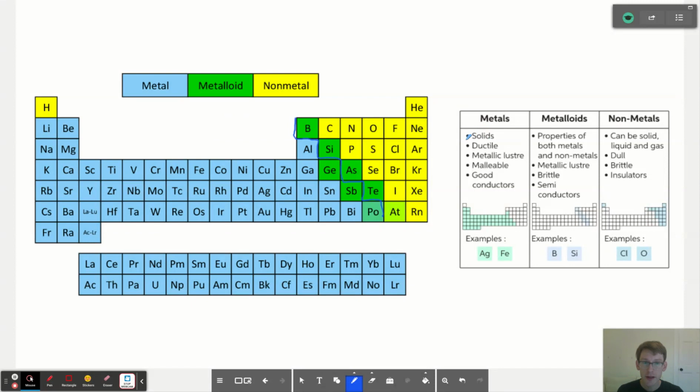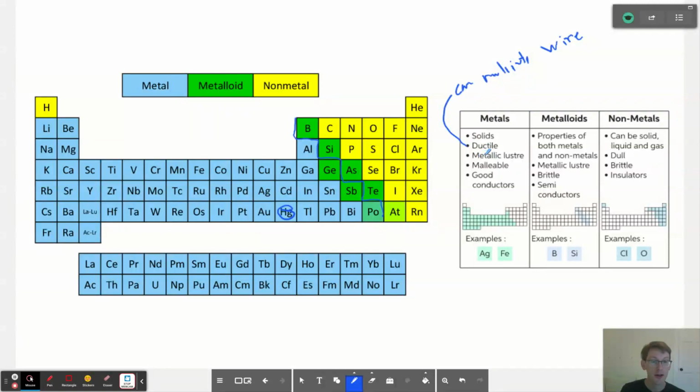So, just some properties of the different types of elements. Metals will be solids at room temperature, the exception, of course, being mercury. Mercury being this guy right here, Hg. You know it from mercury thermometers. Metals are ductile. Ductile means they are able to be drawn into a wire. So you can make them into wire.